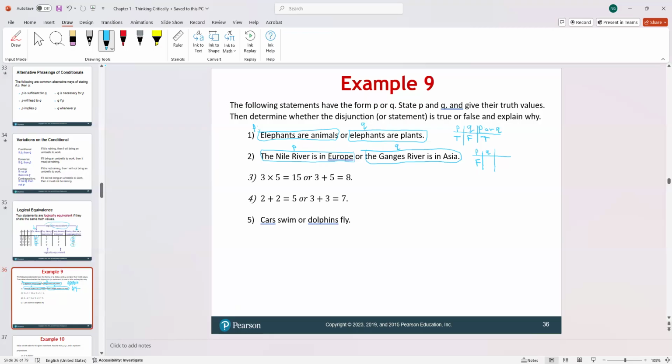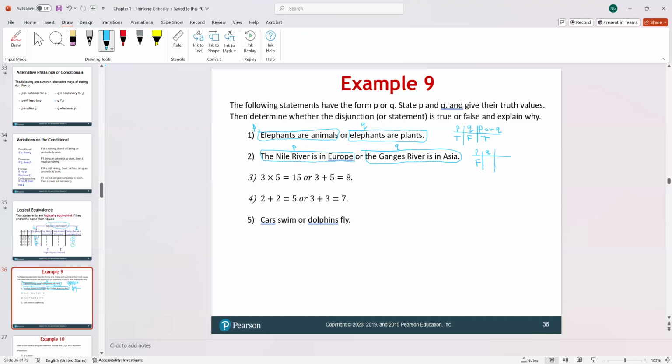But you can also check the second one. Where do you think the Ganges River is located? For those of you who do some geography, as I said, I can check with my son, who studies geography. He's only 9, but he's passionate about it.